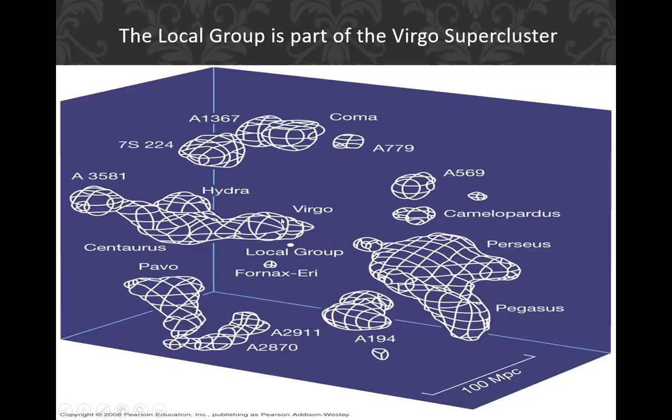We are close to this other thing called the Virgo supercluster, but it turns out that in recent years, within the past 10 years, past 15 years, it has been determined that we are definitely part of the Virgo supercluster. To put it in terms of human anatomy, we're kind of like the appendix of the Virgo intestine. We're part of it, but we're kind of like an offshoot, kind of like how your appendix is an offshoot of your intestines.